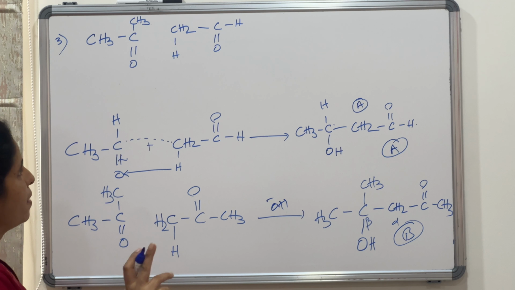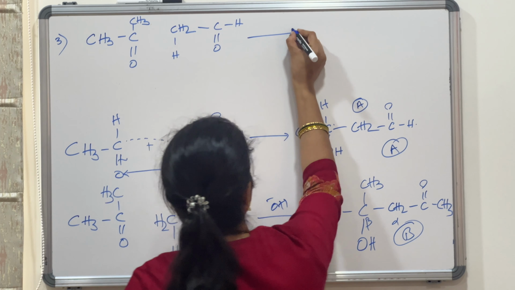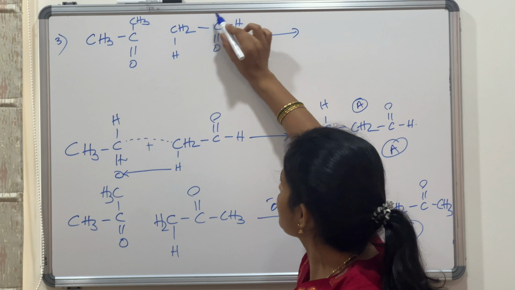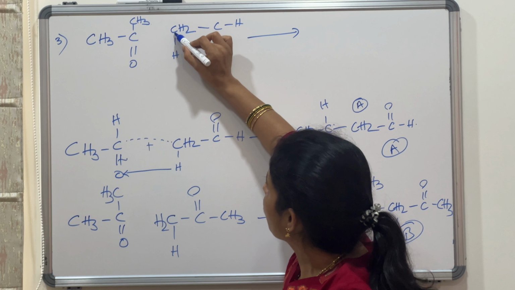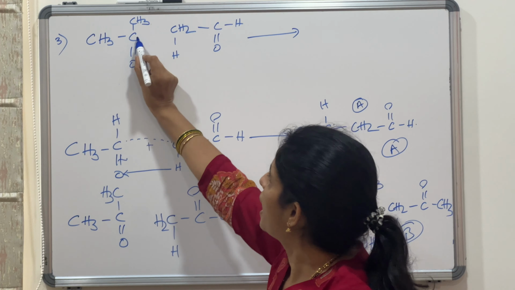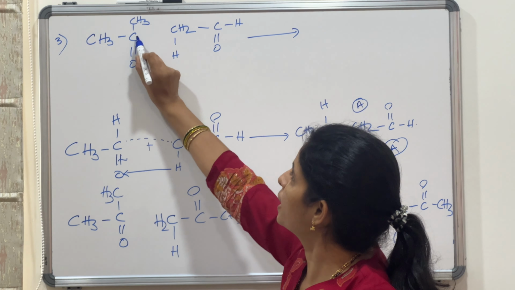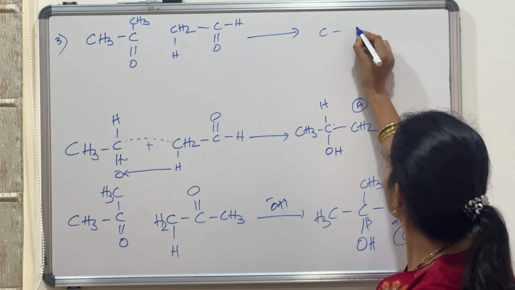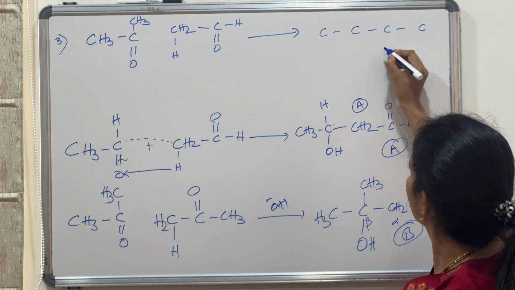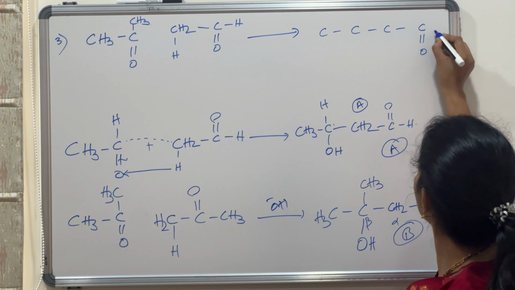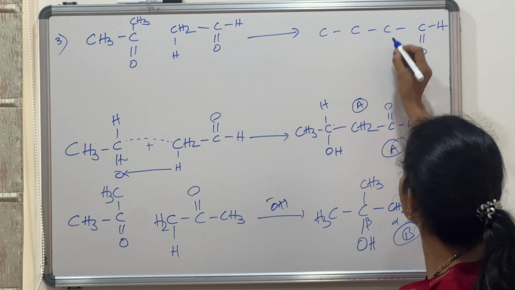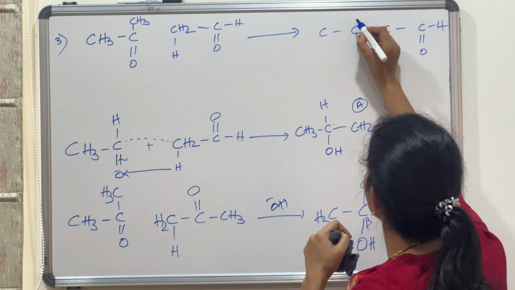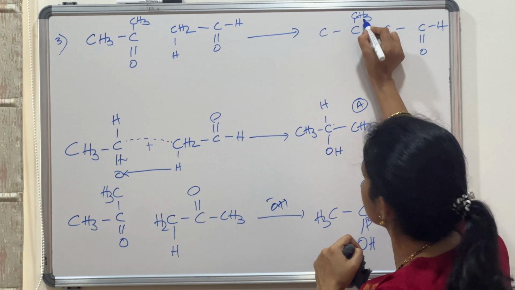The remaining thing is the same. First step, you attach the alpha carbon of the aldehyde and the carbonyl carbon of this ketone. So first step, 1, 2, 3, 4. Here is your C double bond OH aldehyde as it is, and you have completed your first step. Second step, here is your CH3 as it is.